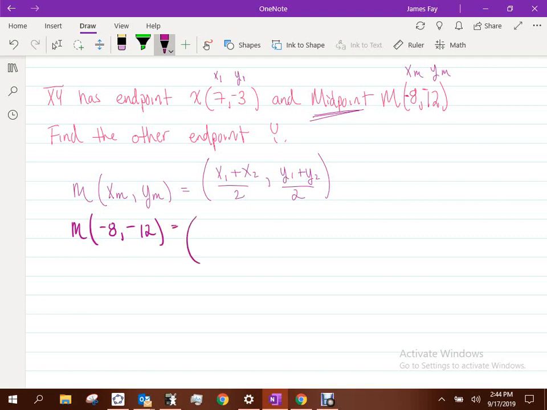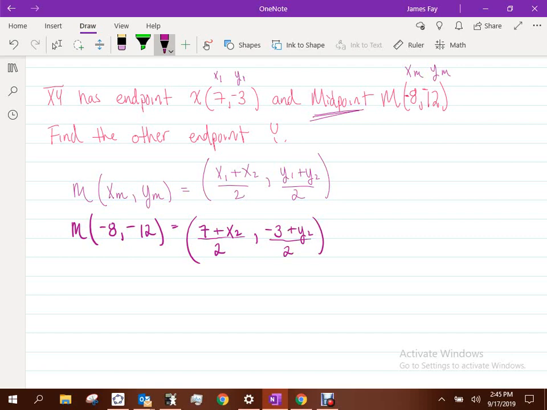X sub 1 is 7. X sub 2, nowhere in the description do they tell me what x sub 2 is, so I leave it as x sub 2. Y sub 1 was negative 3. Nowhere do they tell me what y sub 2 is, so I leave it as y sub 2.